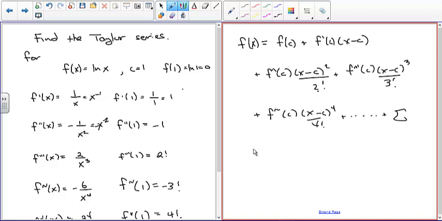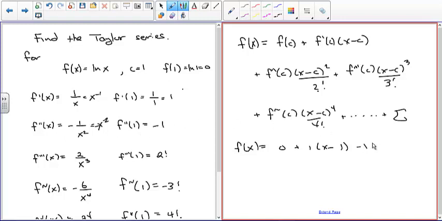So now all we have to do is plug in the values that we've got in the previous steps. So f of c is 0 plus f prime of c, which is 1, times x minus c, which is x minus 1. We're centering the series around x equals 1. The next number is the second derivative evaluated at x equals 1, which is negative 1.